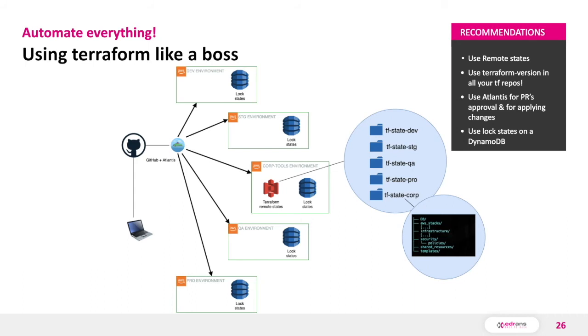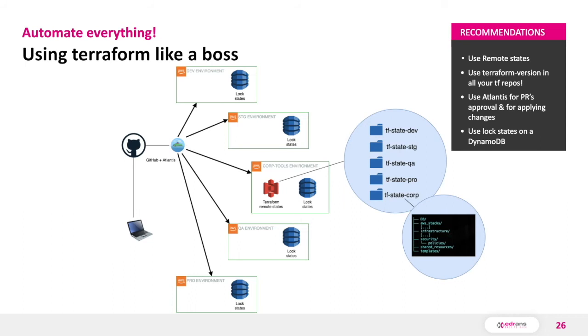Always use remote states. This way we can have a backup in an S3 bucket of all the Terraform states. You just can't have teams of technicians working on Terraform with local states. Also take advantage of state locking.